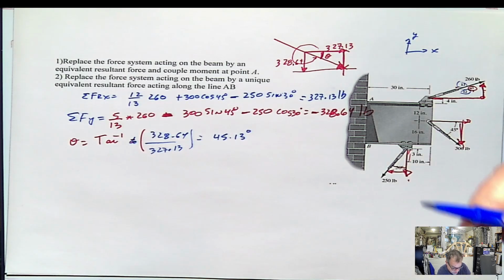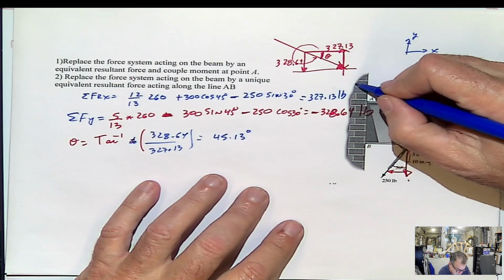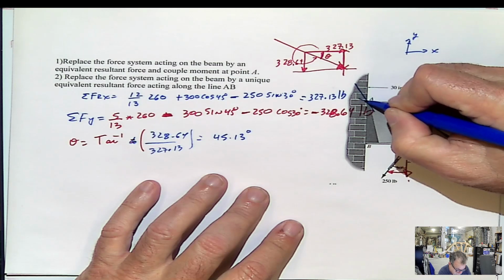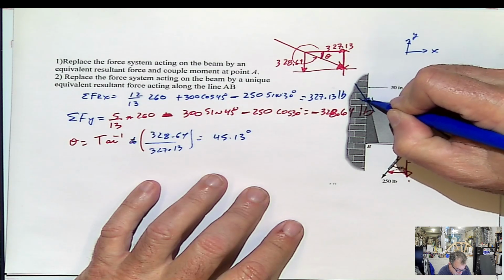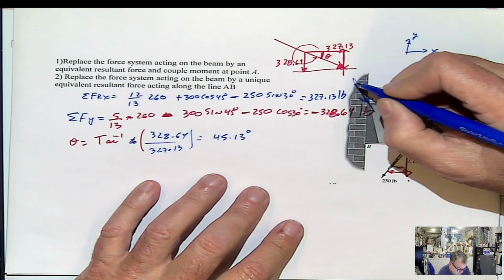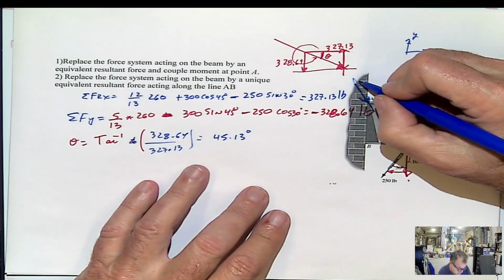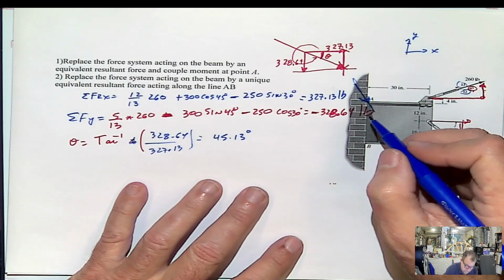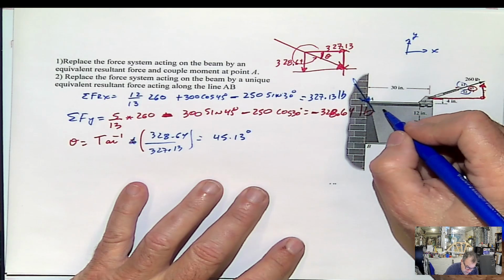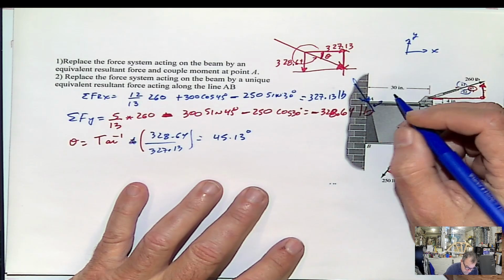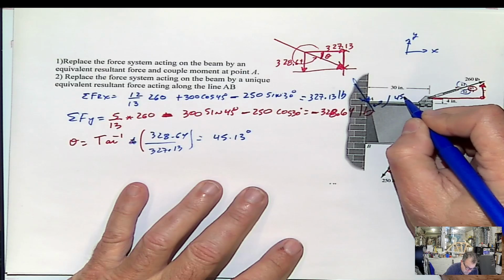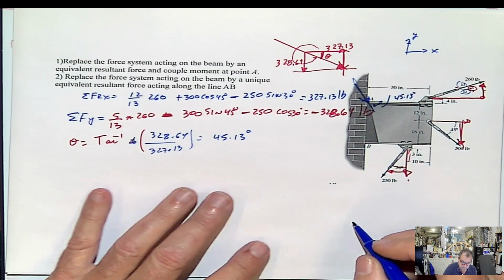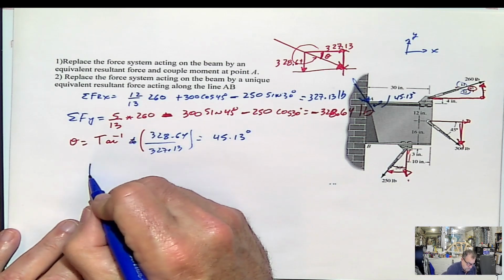Okay, now, what does that tell you? That is telling you that at the point A, there has to exist a force of certain value. I don't know what the value is, but we're going to calculate it now. And the angle here will be 45.13 degrees. What is the magnitude of the force?